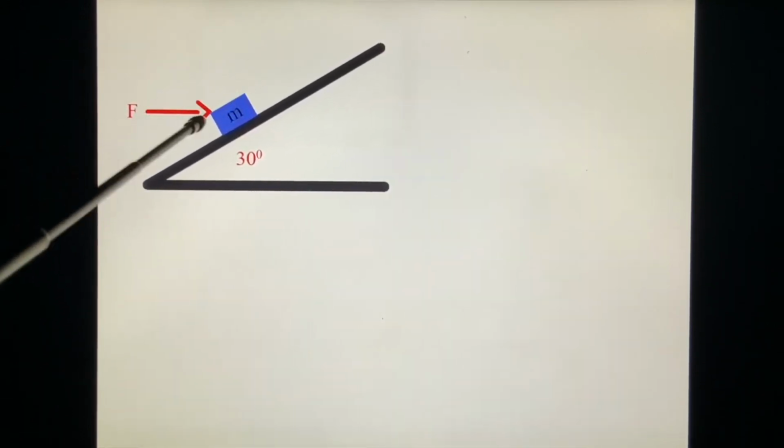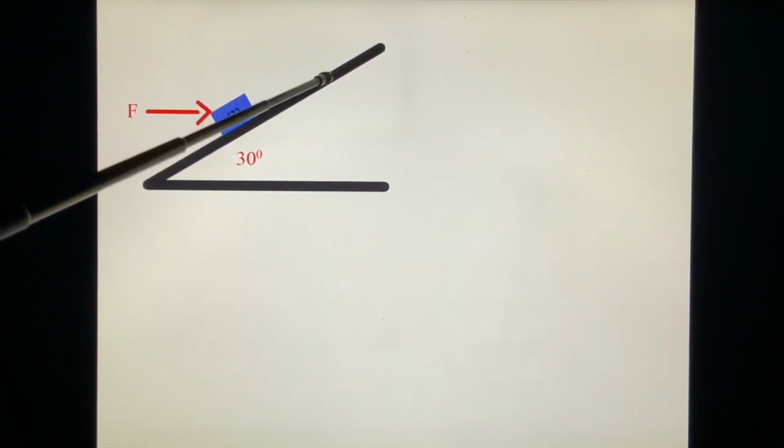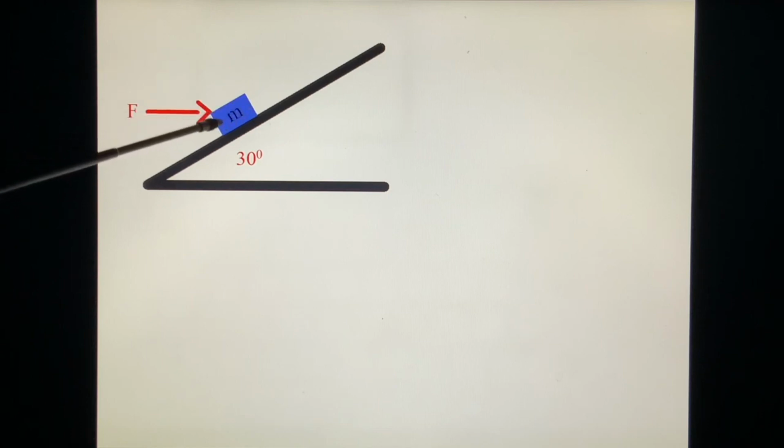In this question, we have to notice that the crate moves up at constant speed. What does this mean? This means it does not have an acceleration. By Newton's second law, the sigma F acting on this crate is 0. That's the physics.